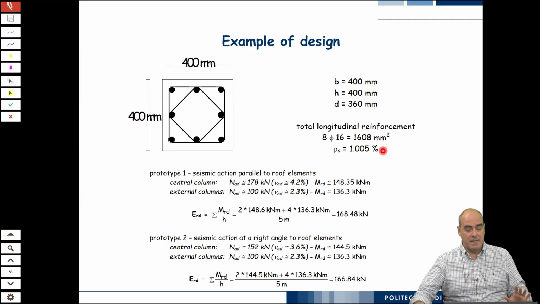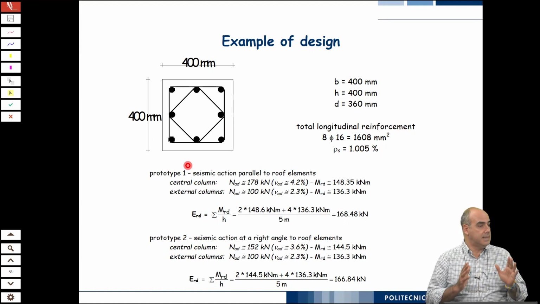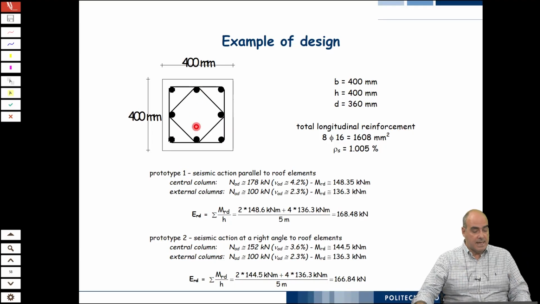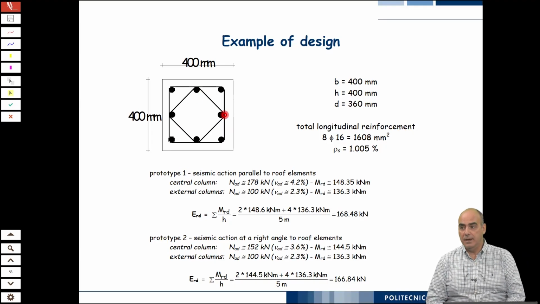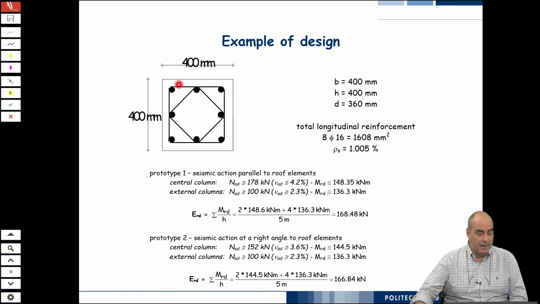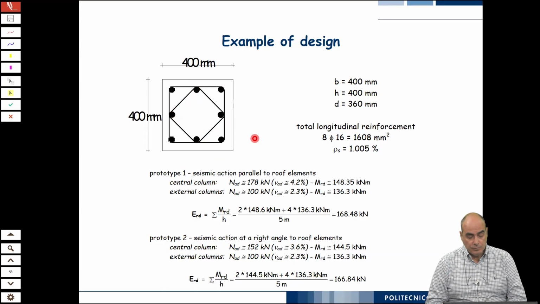So this means that you must have 1,600 square millimeters of reinforcement minimum, and you can easily do it with 8 bars of 16 millimeters. You can also see here the arrangement of the stirrups. You have one outer stirrup, which is circular, and one internal one.